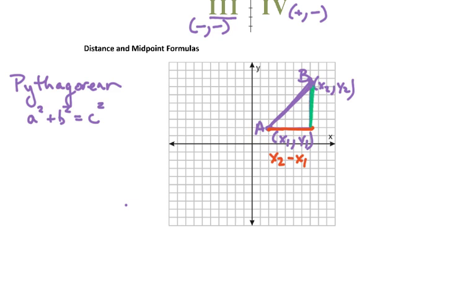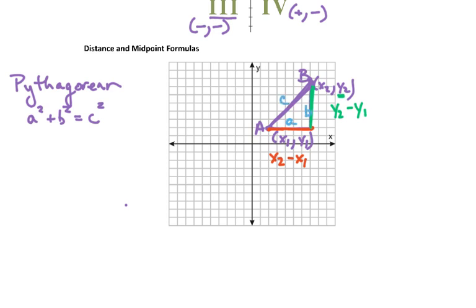Well, we're going from y2 to y1, so it's y2 minus y1. So we have values for our legs, and we're going to substitute that into our good old Pythagorean theorem. We can label our sides a, b, and that hypotenuse we're going to call c.